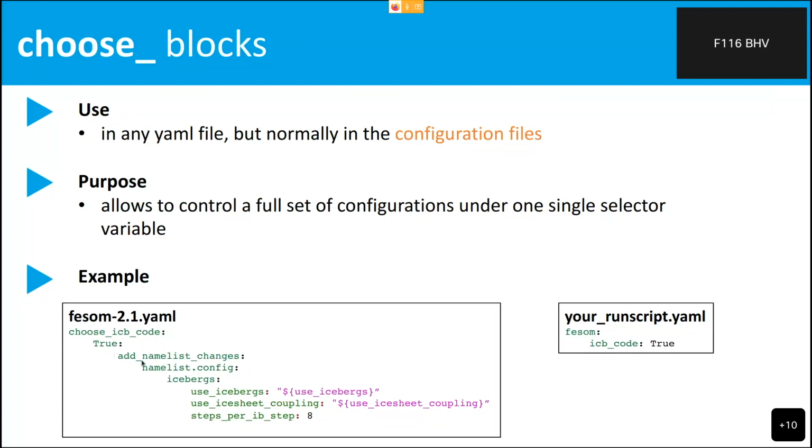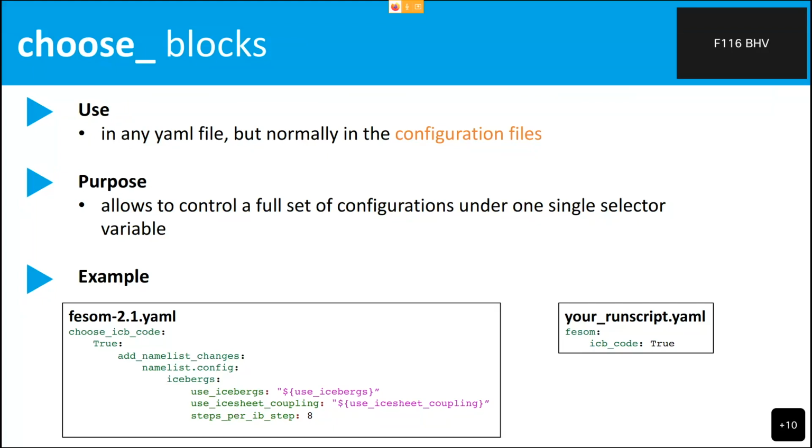So this is what we've seen before, just with the add here. We are complementarily adding information to the namelist changes defined by default in the root of the FESOM 2.1 YAML. And all these namelist changes mean one single thing: activate icebergs for FESOM 2.1.